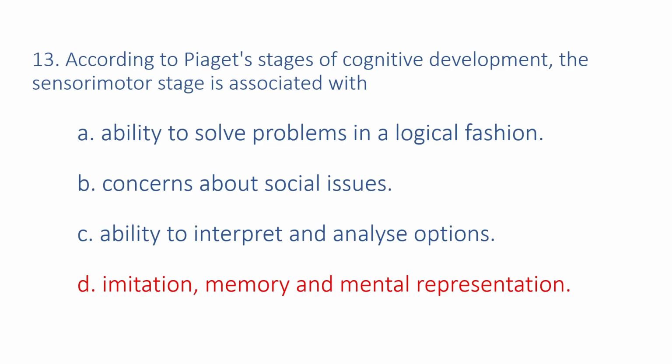The sensorimotor stage from birth to 2 years of age is characterized by infants learning through sensory experiences and motor actions. During this time, they develop the ability to imitate actions. Basic memories start and form internal mental representation of objects, that is, object permanence.